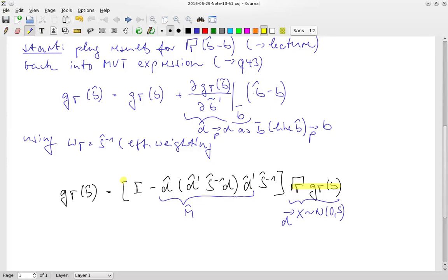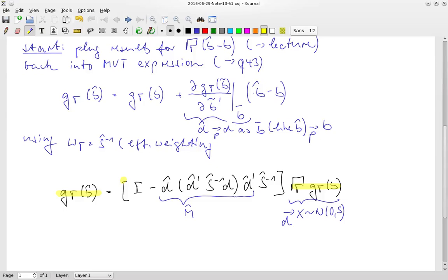And over there we have g_T of b hat. We hopefully recall that by construction of GMM there are linear dependencies built into this g_T of b hat vector. As a matter of fact, I can represent k rows of g_T of b hat as a linear combination of the n minus k remaining rows, by construction of GMM.